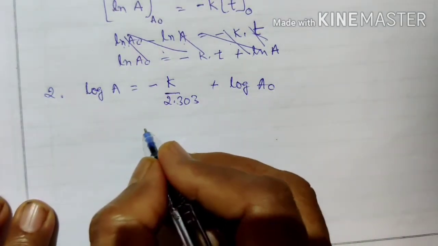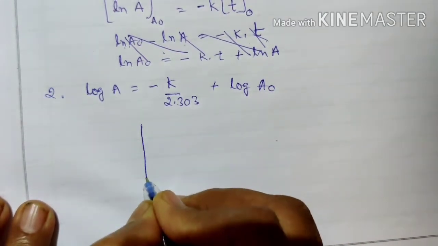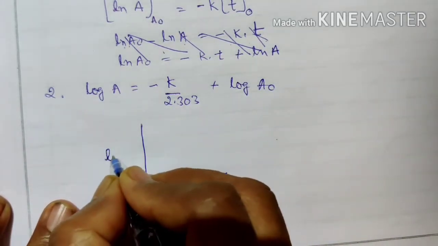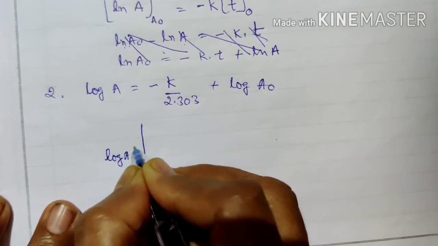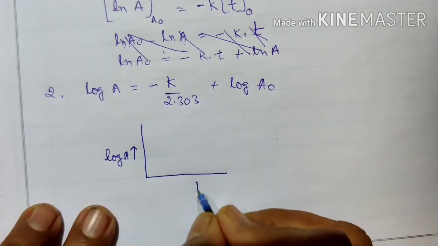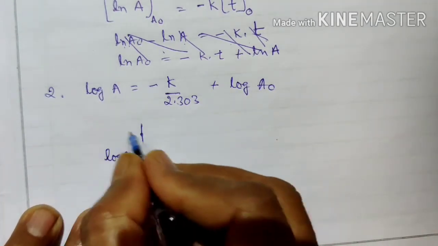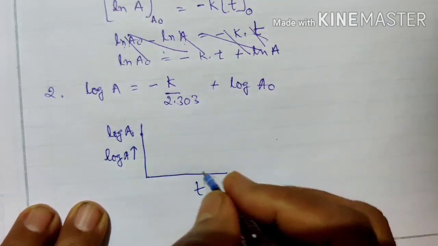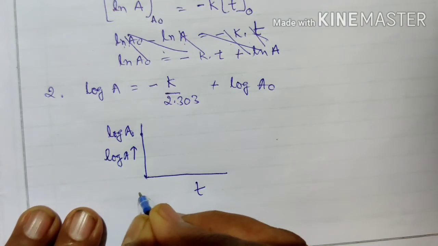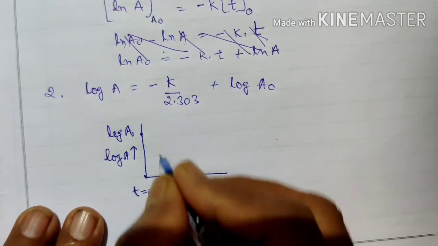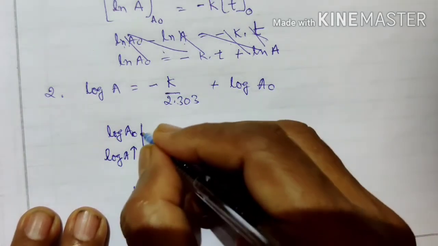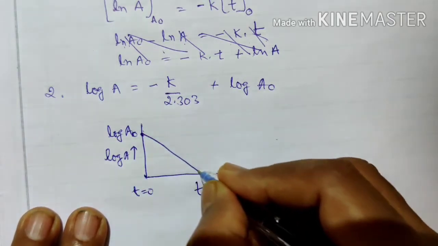So when you plot a graph for this equation, again, this is the equation for the straight line. When we plot a graph for log A versus t, here this point will be log A0, and here t is equal to 0, so this concentration will be A0. So again you will get a line that will come downward.